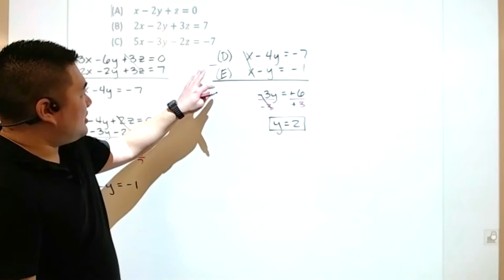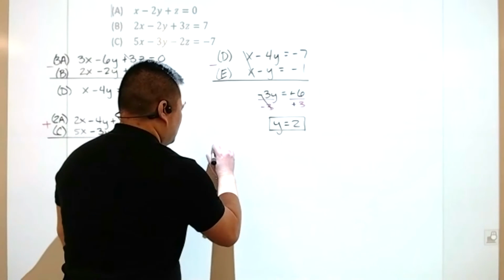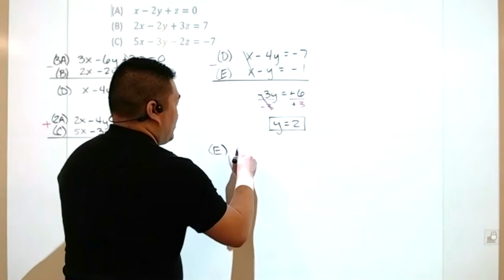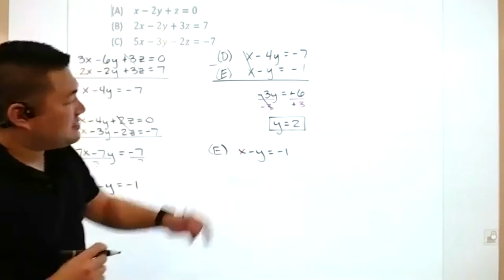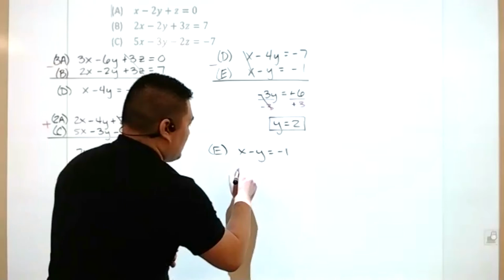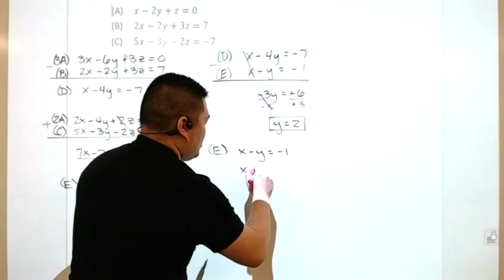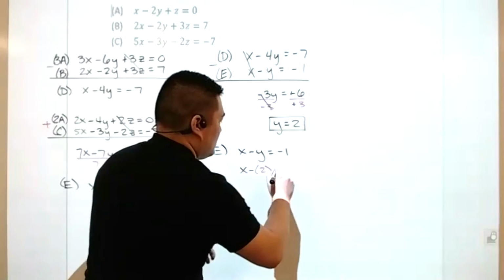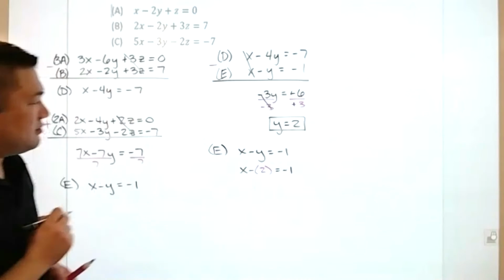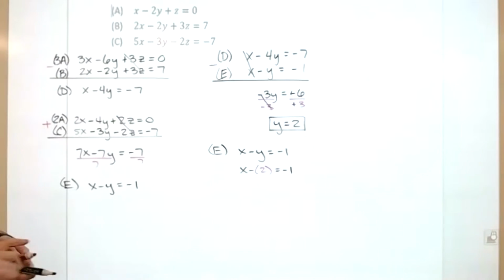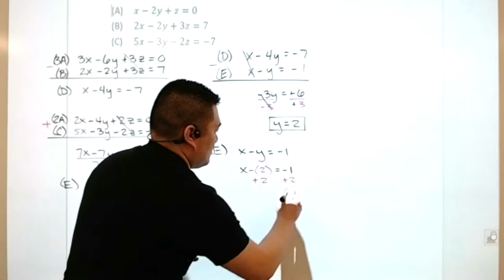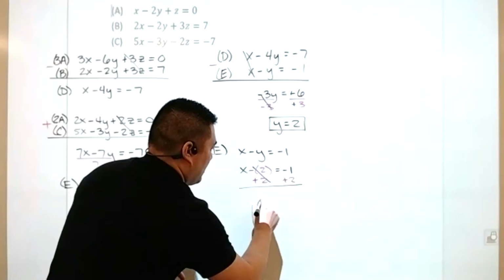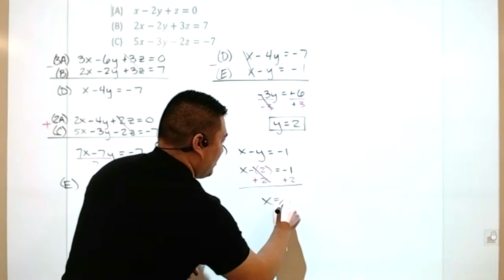So if I do equation E, that would be x minus y equals negative 1, but now y is 2. So this is really saying x minus 2 equals negative 1. I add 2 to both sides. X equals positive 1.